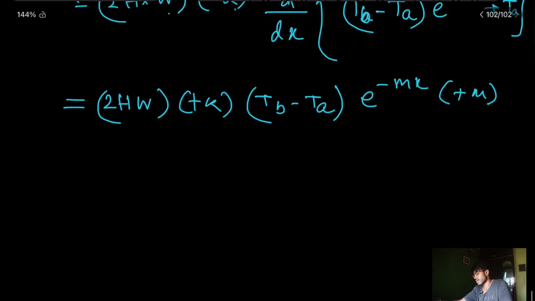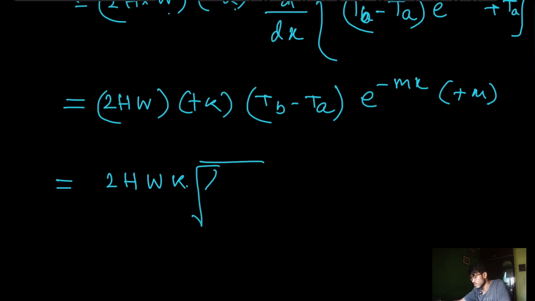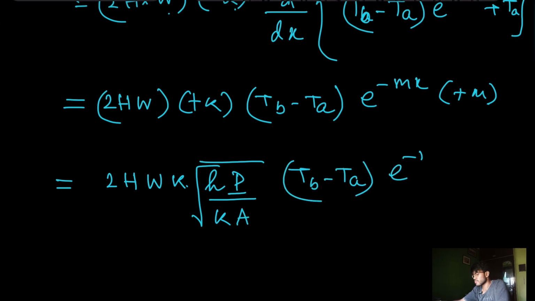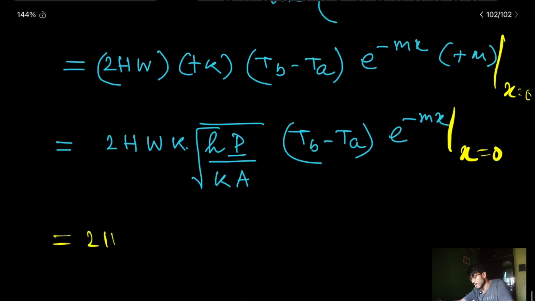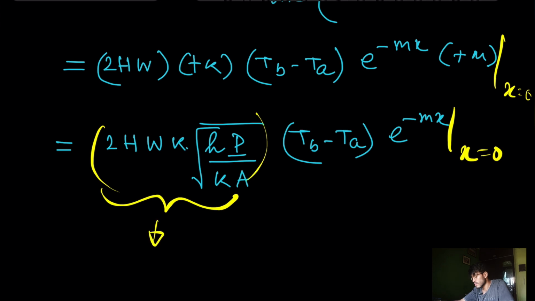This minus and minus will cancel out and will be plus. Now this will be 2hw into k, and m is root over hP by kA, and there is Tb minus Ta into e to the power minus mx, and this derivative we have to compute at x equal to 0. Now this will be equal to 2hw, I can already cancel this out. So this whole term will boil down to what?